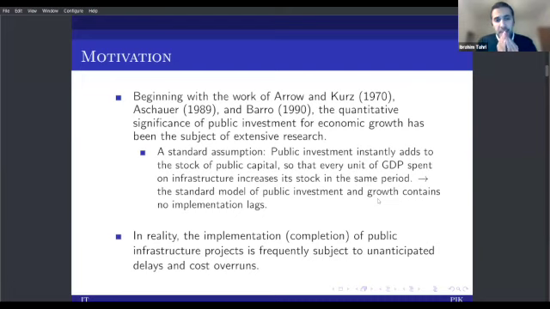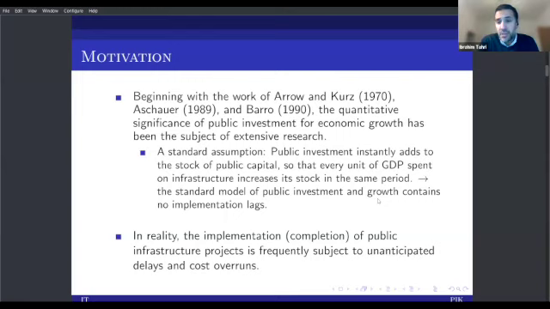So here, there has already been a lot of work on the quantitative significance of public investments for economic growth. We can mention here Aaron Kurz, Ashauer, and Barro, and many others. I just mentioned some of the most important papers.